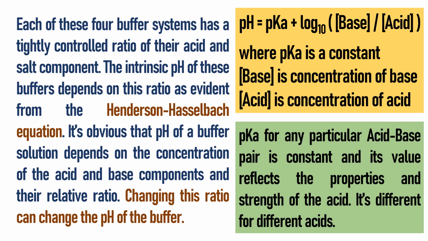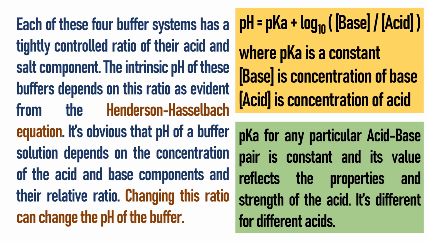Here, pKa is a constant, known technically as acid dissociation constant. Base within brackets is concentration of base. Acid within brackets is concentration of acid. This equation is the fundamental equation that governs and explains the ionic behavior of acids and bases in solutions.